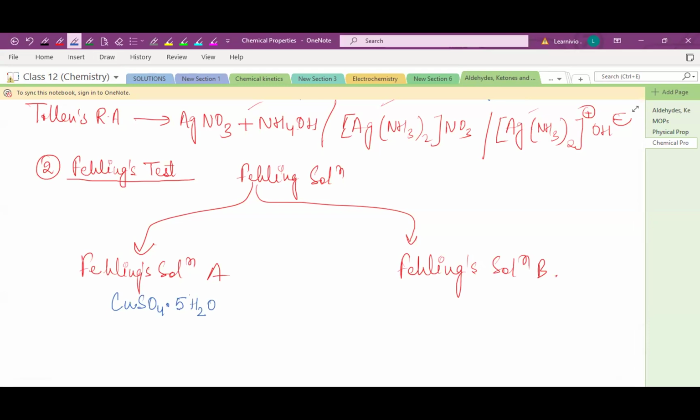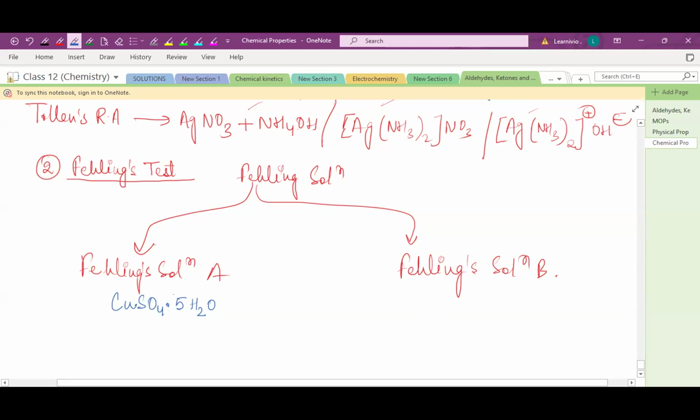When you add copper sulfate in water, you will get copper sulfate pentahydrate. That is Fehling solution A, which is a blue color solution. Now the second one, Fehling solution B, is an aqueous solution of sodium potassium tartrate.